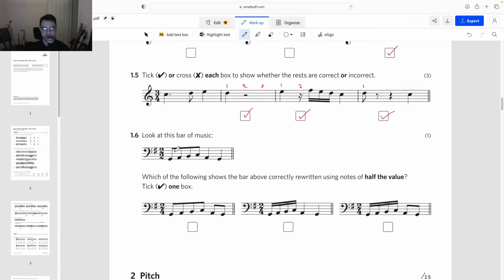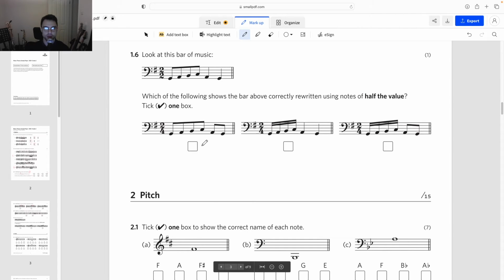All right, 1.6. Look at this bar of music. Which of the following shows the bar above correctly rewritten using notes of half the value? Tick 1 box. Okay, so we want to find something that is rewritten in exactly half of the value. So what is this? This is a quaver. So we could just write it out ourselves. So half a quaver is a semiquaver, right?